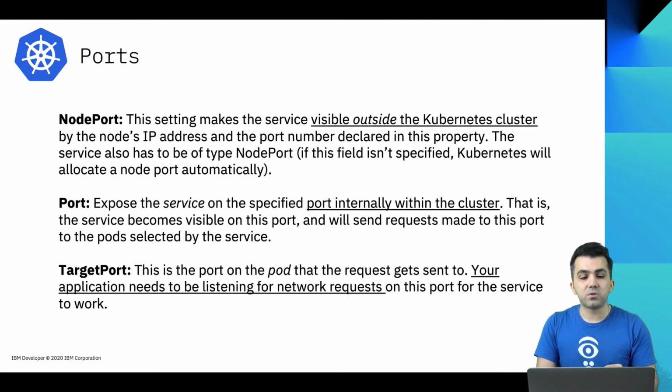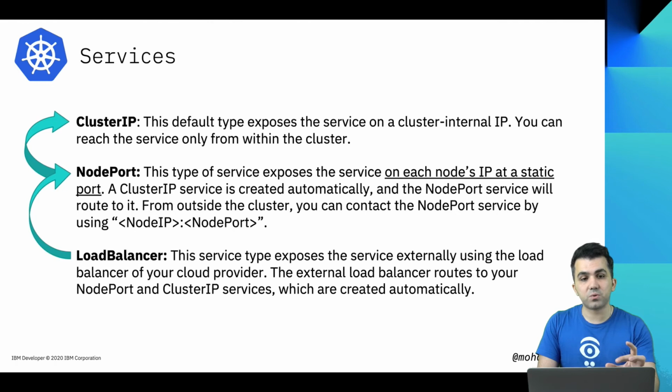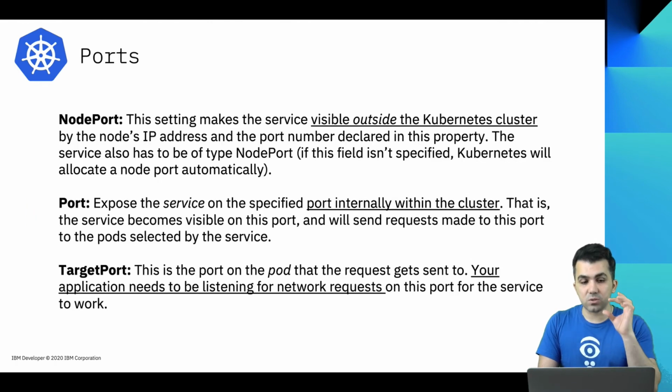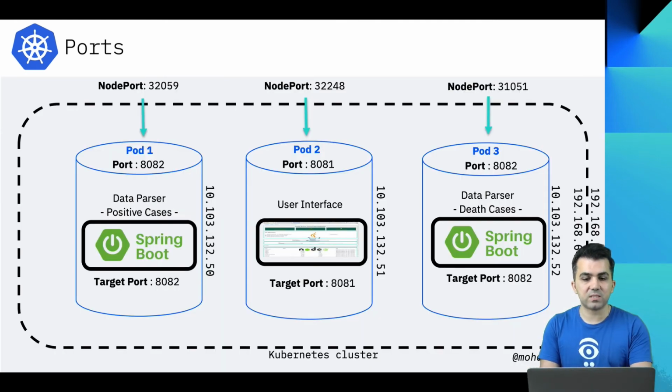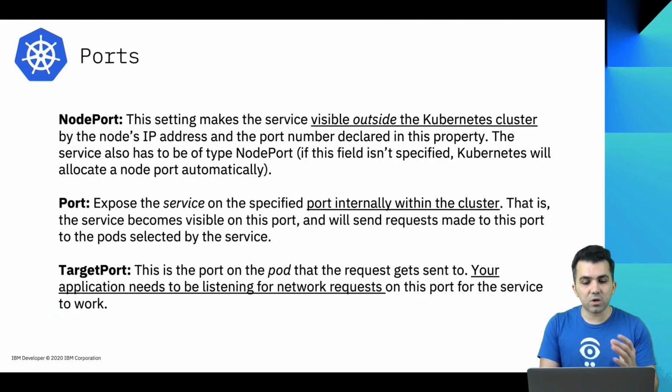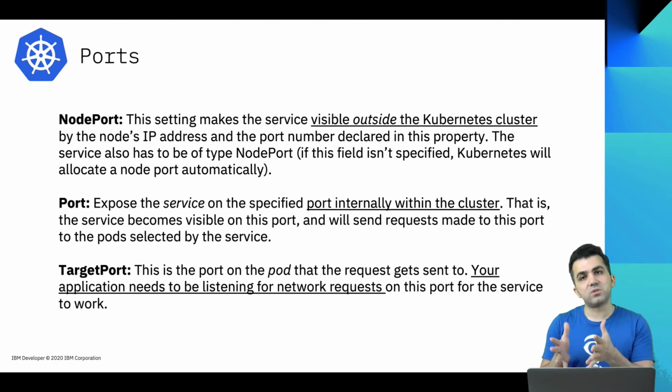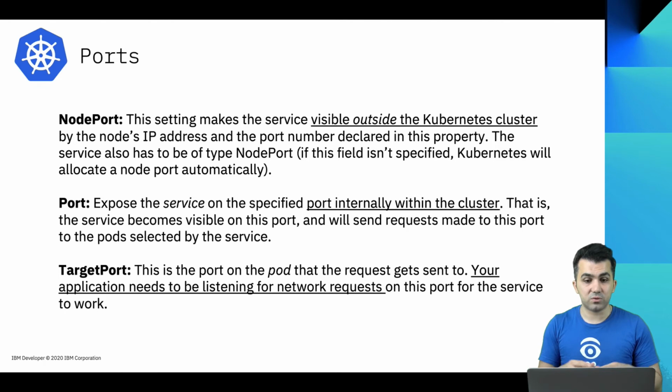When we talk about the ports, that's a different one. You have a node port, which is different from this port. This is a node port, and it makes your application visible outside the Kubernetes cluster. When we talk about port, that's a port internally within the cluster. As you can see here, this is a port, and that's a node port up there. And then a target port is the port that your container is listening on for traffic coming to that pod.